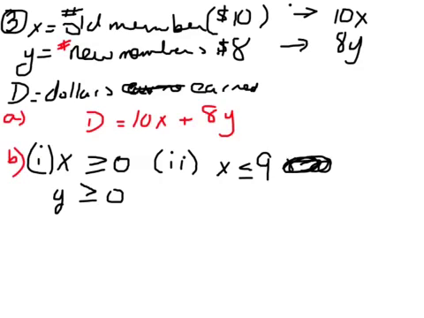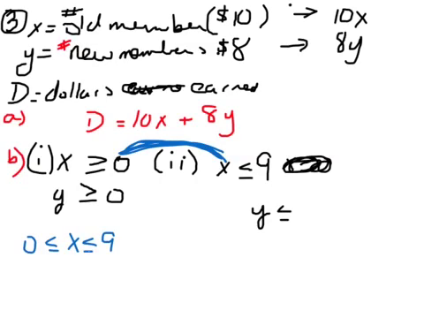So right now, I can change my equation on that one a little bit. I could say X is between 0 and 9. I'm putting this new piece of information together with the old piece of information over here. But there's more, so let's see what else it says. At most 8 new members who can work. We know the new members was Y.